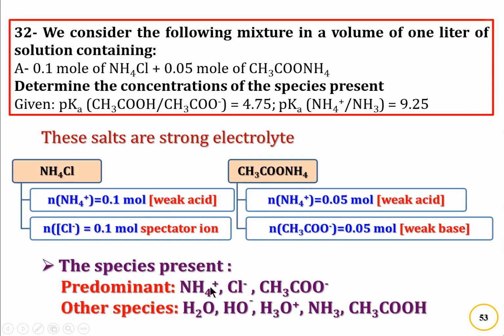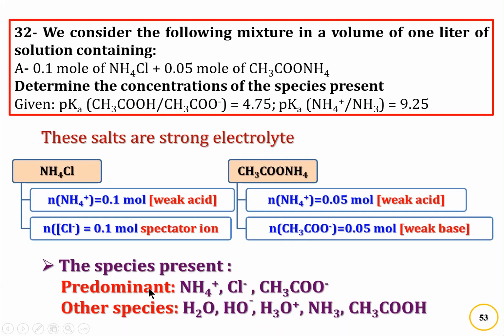The presence of NH4+ in water indicates the presence of H3O+ and NH3, but these species are not predominant, present in low amount, since NH4+ is a weak acid. In the same way, the weak base acetate will release acetic acid and OH-, and we can say OH- and H3O+ are present in all solutions from the autoionization of water.